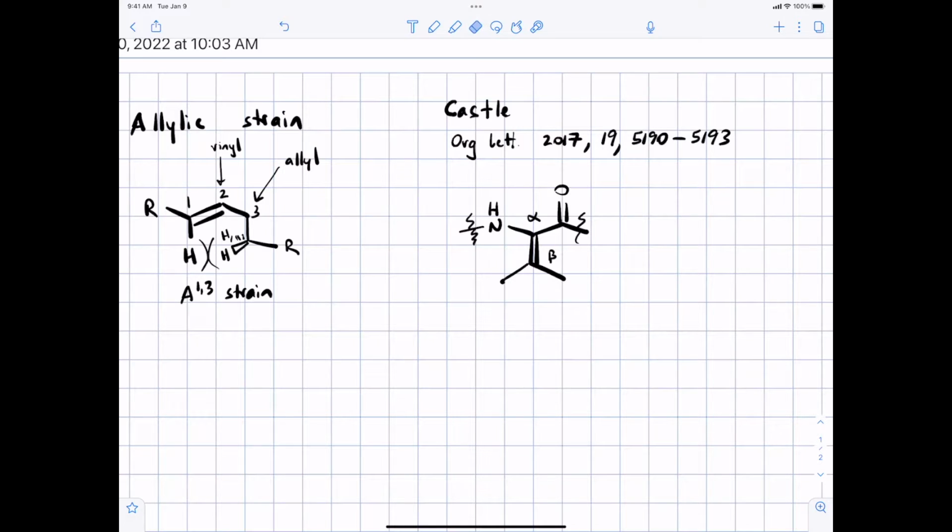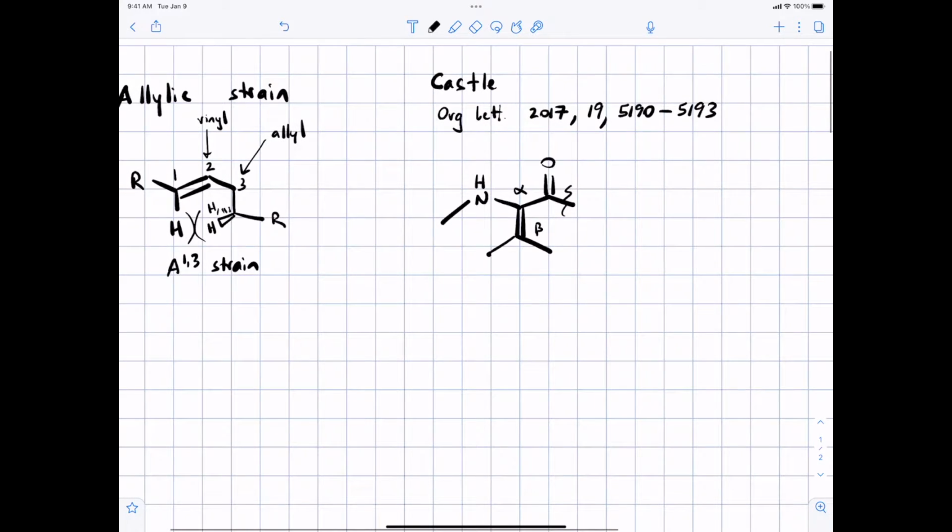Right, so let's sort of see the situation that we've got here. And keep in mind, you've got a double bond, we'll call this 1, 2, and 3. And our double bond actually has a methyl group on it.